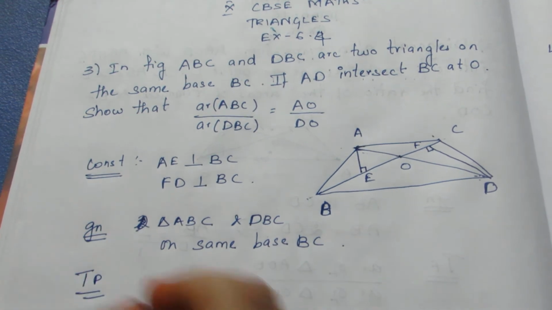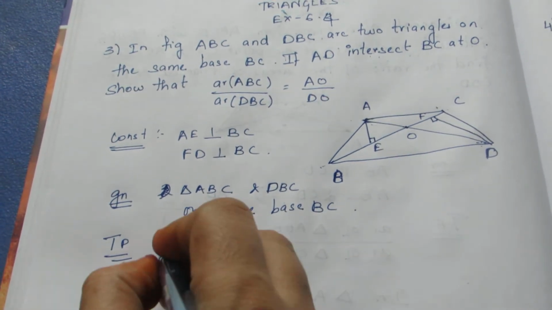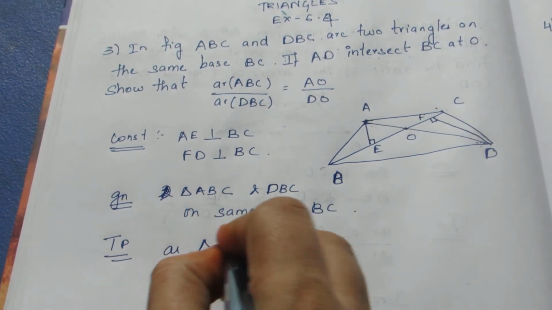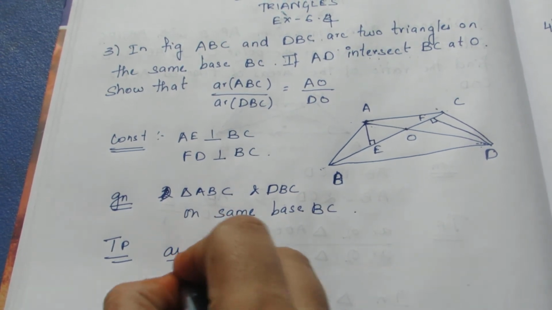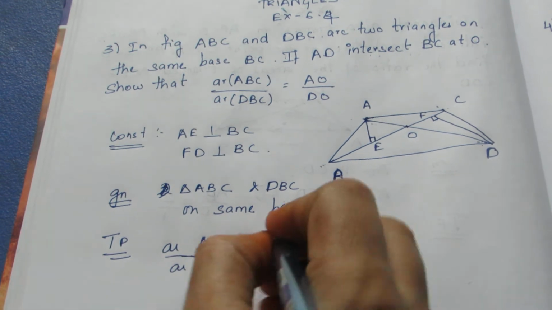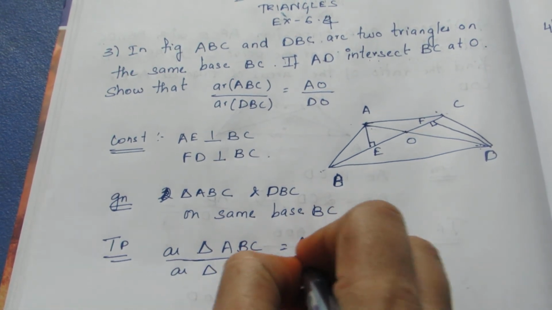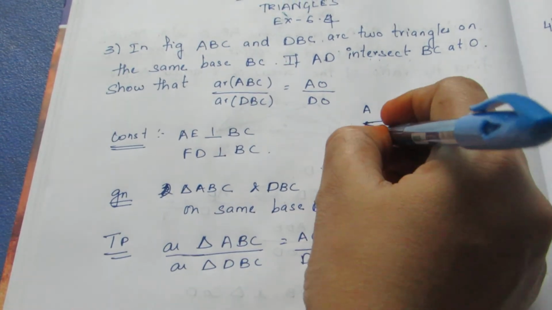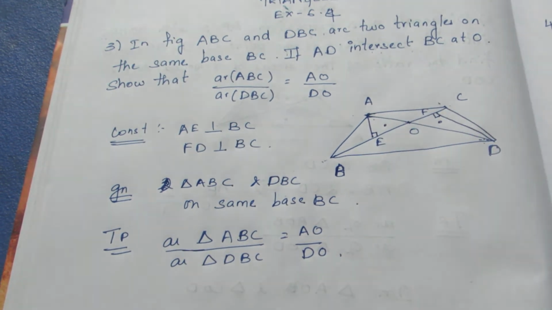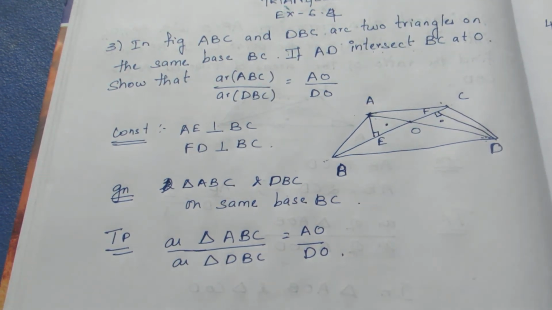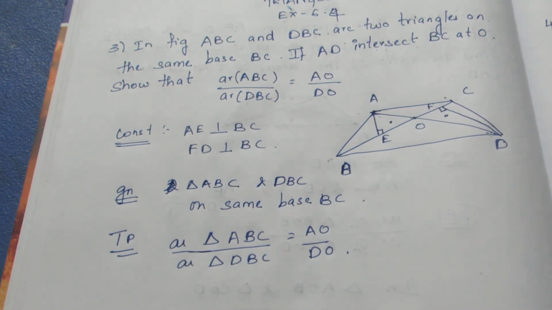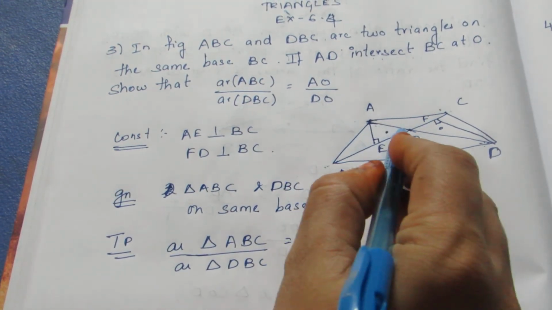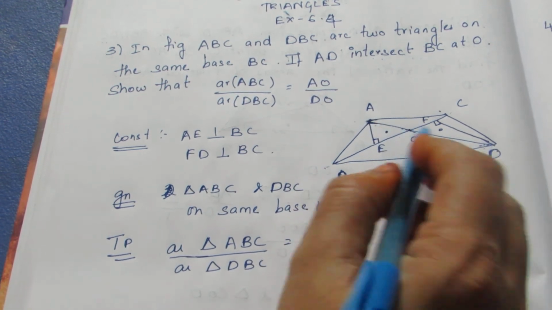To prove: area of triangle ABC by area of triangle DBC is equal to AO by DO. Now I am going to take two triangles and prove that they are similar, so that we can say the corresponding sides AO and DO will come.